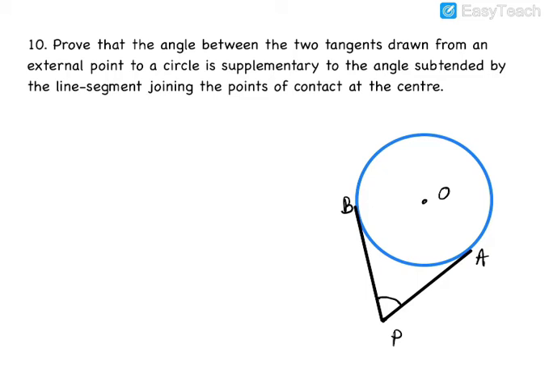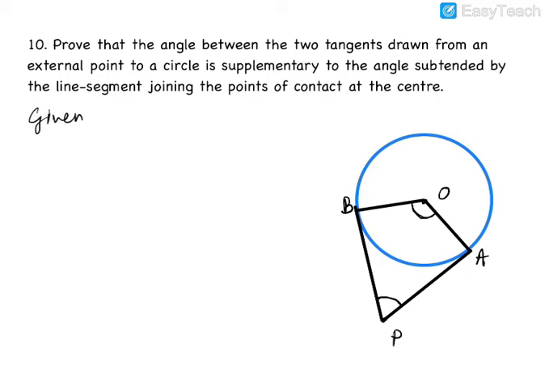So the points of contact are B and A. So we have to join these two points of contact with the center. Now the figure is complete and we have to show that this angle APB plus angle BOA is supplementary. That means the sum of these two angles is equal to 180 degrees.